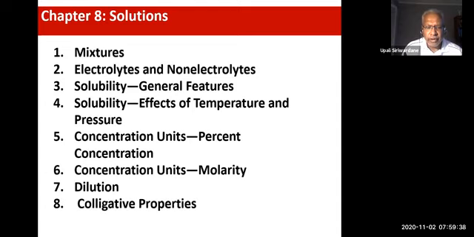Solutions show colligative properties. Colligative properties are properties that don't depend on the type of the solute, but on the number of particles that are present in the solution. The colligative properties are vapor pressure, melting point depression, freezing point depression, boiling point elevation, and also osmosis.